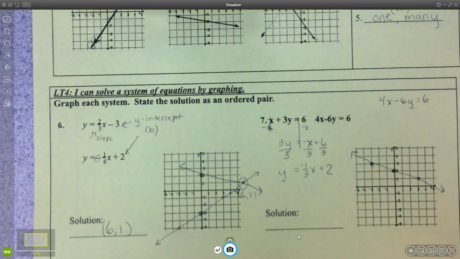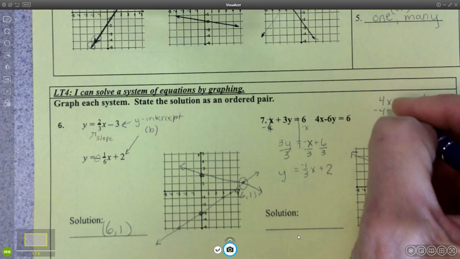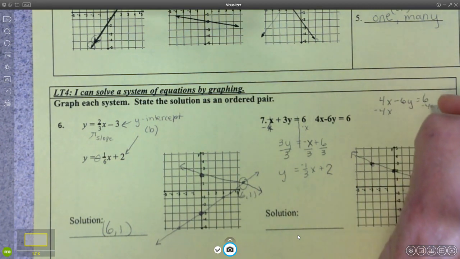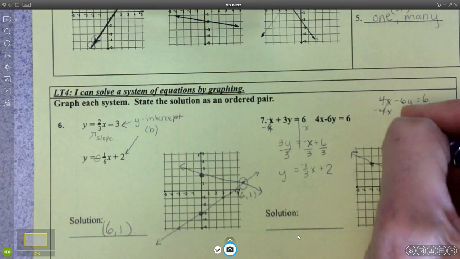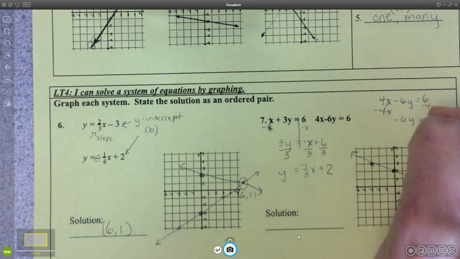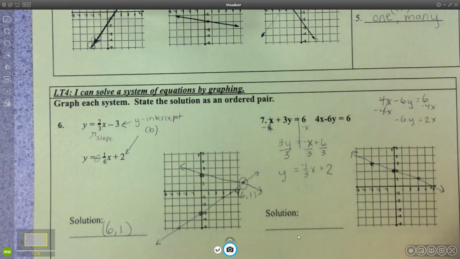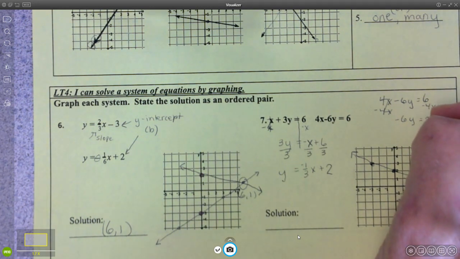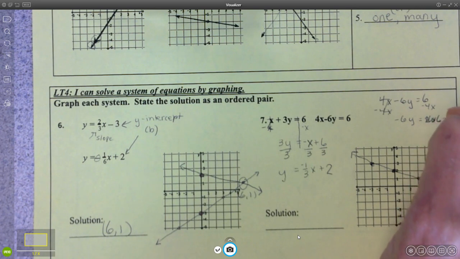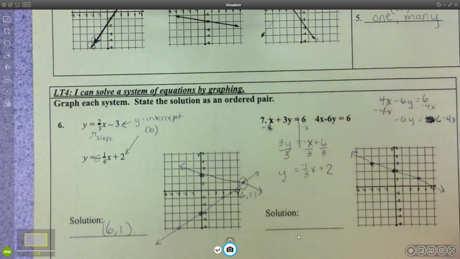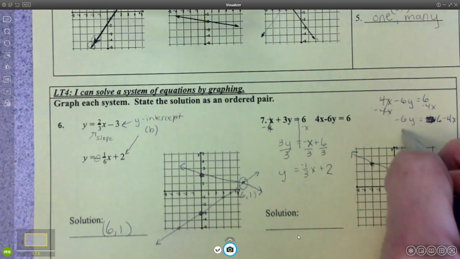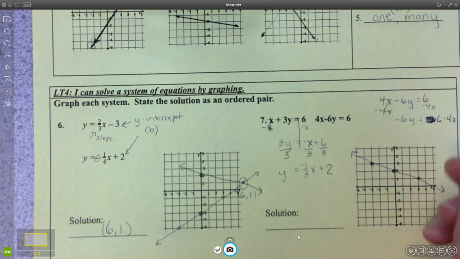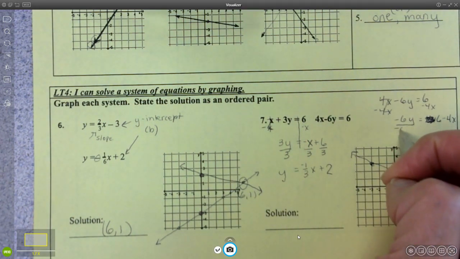And I'm going to subtract my 4x to move it away from the y. So that's going to 0 out. I'm going to have negative 6y equals 2 x's. Oh, what am I doing? Sorry. I'm going to have 6 minus 4x. I can't do that. They're not like terms. All right, then I'm going to divide each term by negative 6.